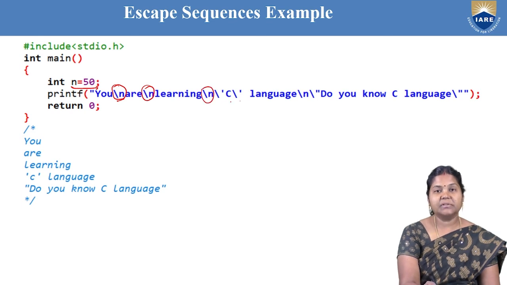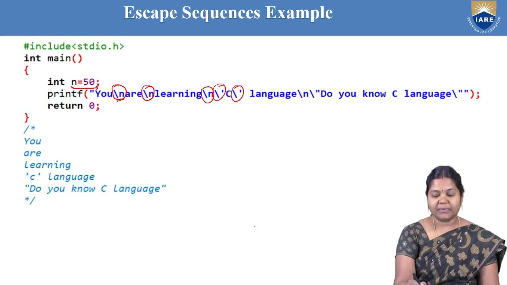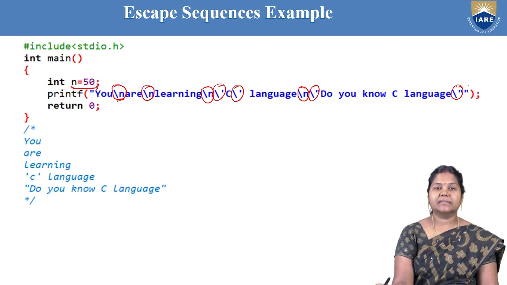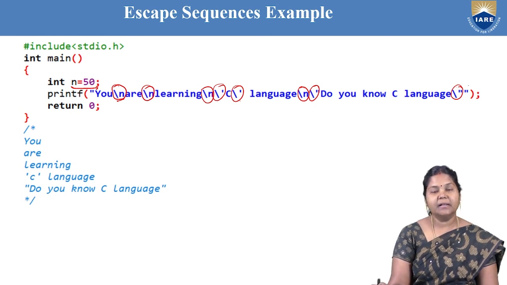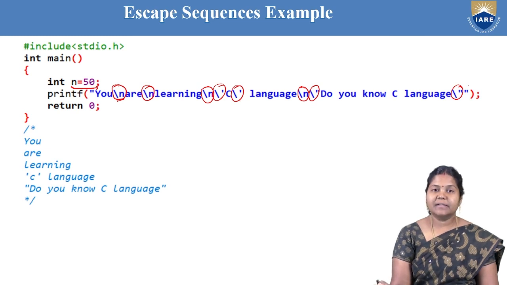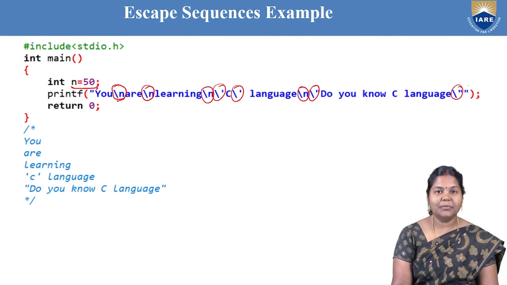And for the C language I want to put quotes, so I used backslash single quote, again ended with backslash single quote. Then again backslash n for a new line. Then double quotes I want to give, so you can see over here backslash double quote, ended with again backslash double quote. So these are the different escape sequences you can provide based on the formatting that you want to do.